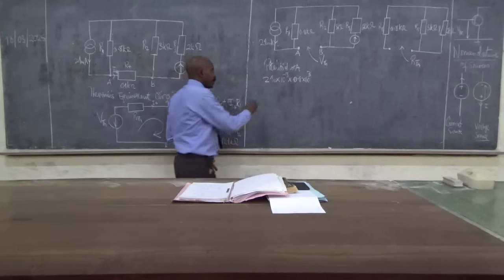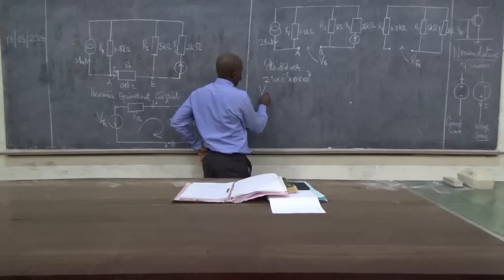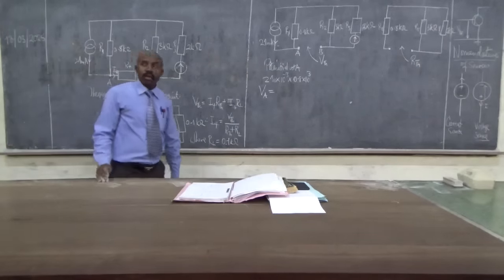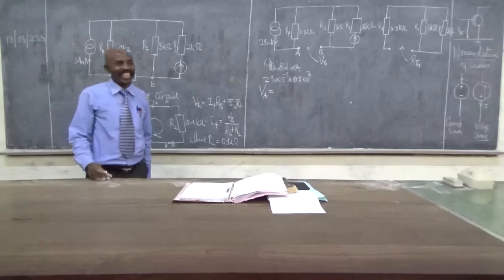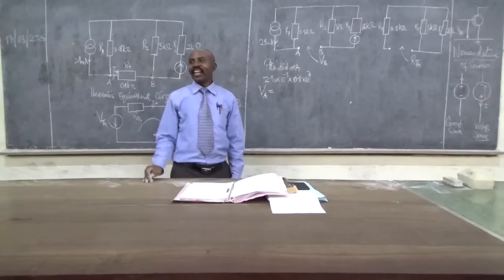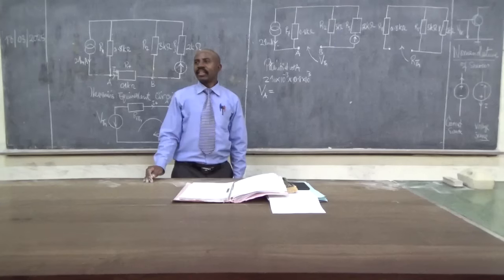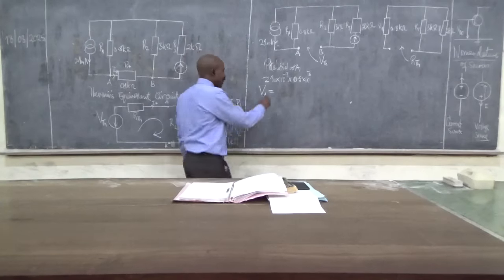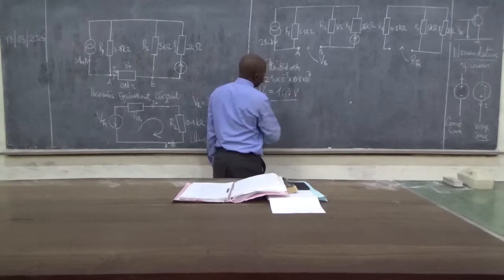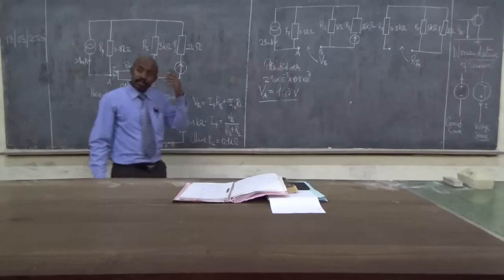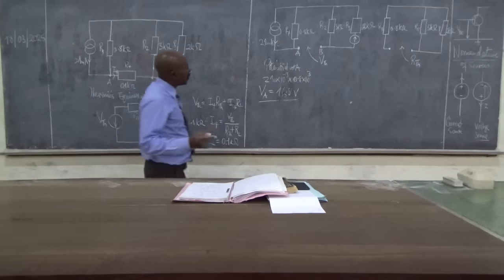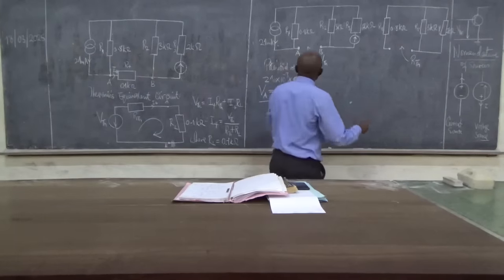Here, ground. Oh, you are doing it very fast. John. 16.8. 16.8. I don't know how to use my calculator.